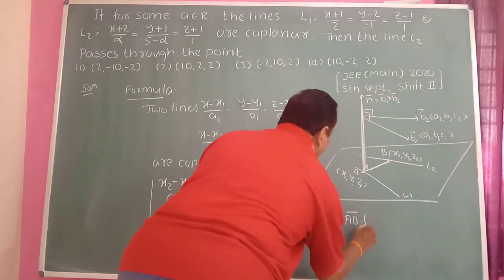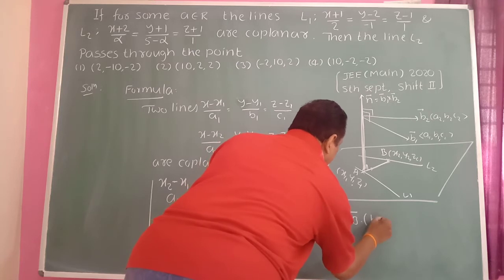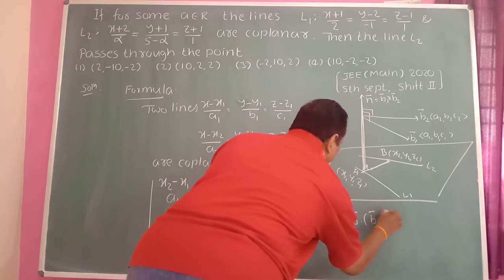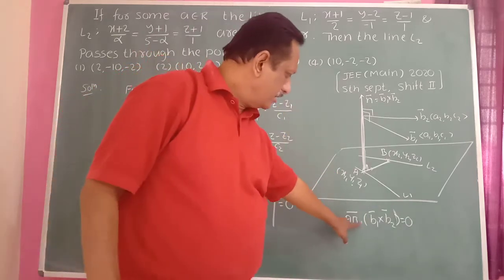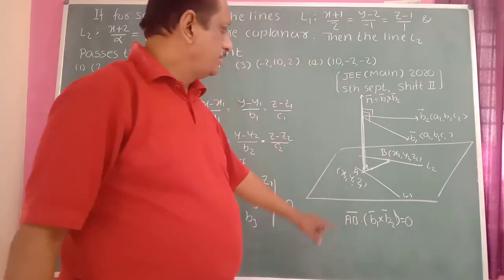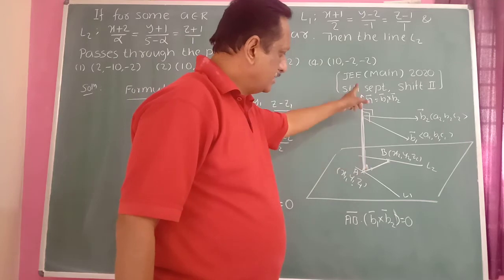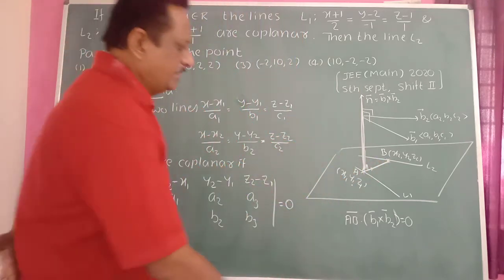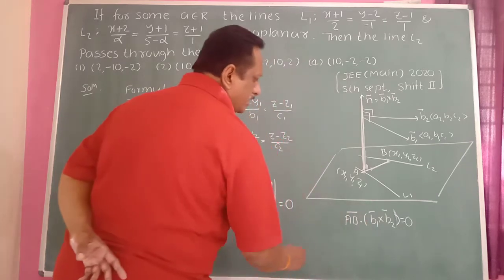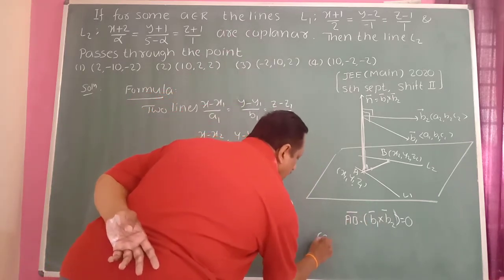AB dot (b1 cross b2) is equal to 0, because this vector is normal to the plane and the vector AB is perpendicular to it, hence the dot product is 0. Here AB is given by OB minus OA.